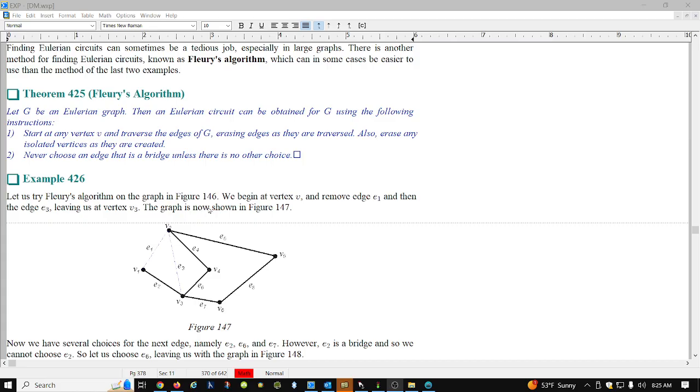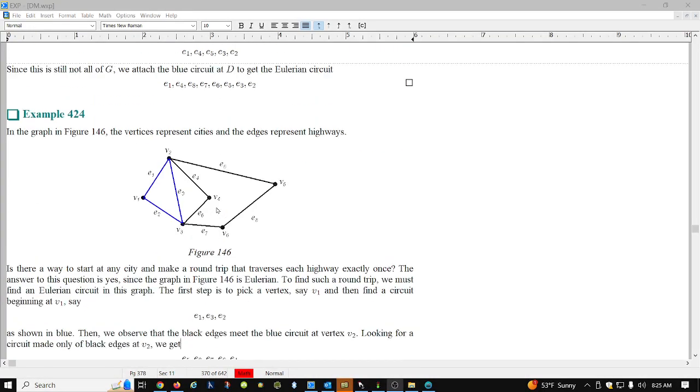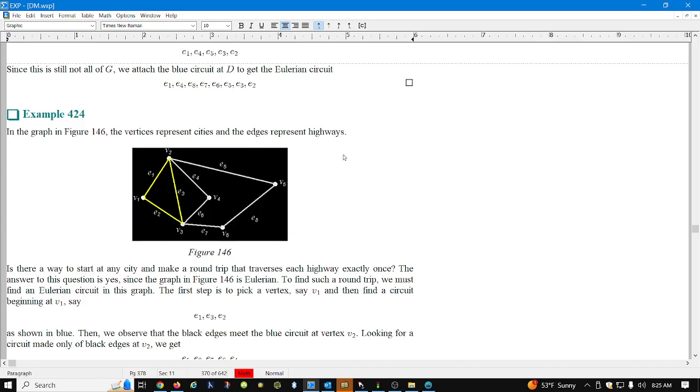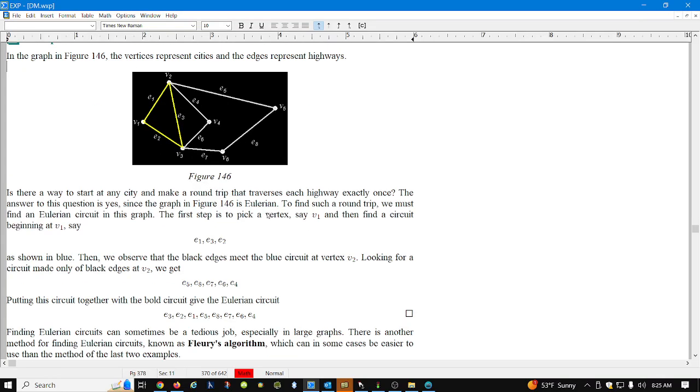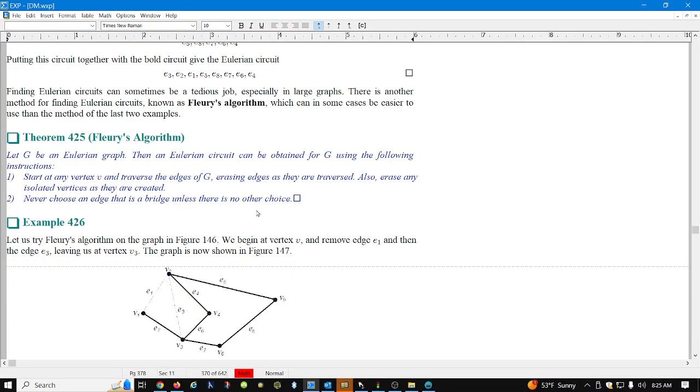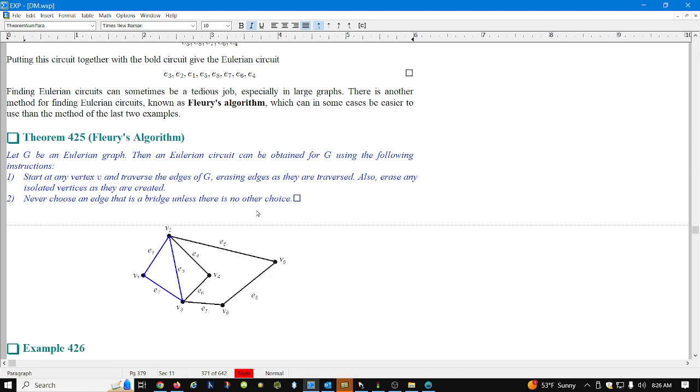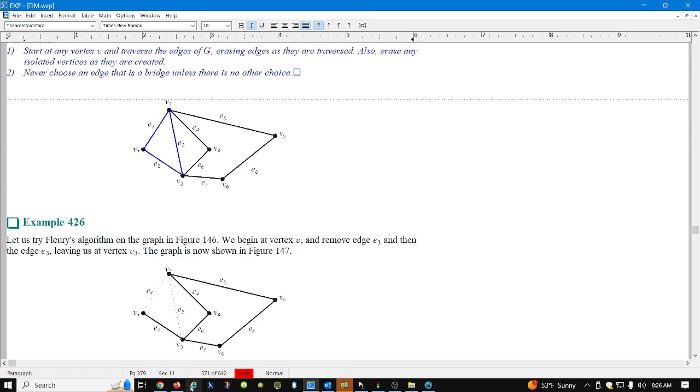On the graph in figure 146. So that was this guy. And just what I'm going to do here is copy this just temporarily and stick it right here so you can see it at the same time.